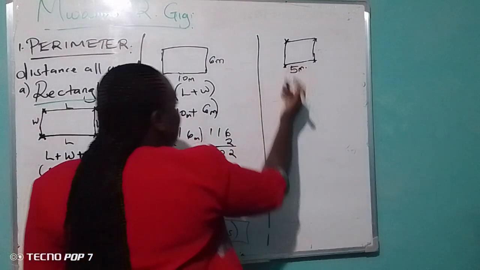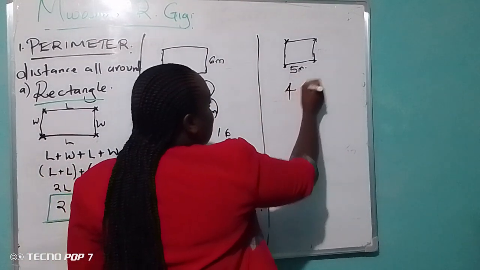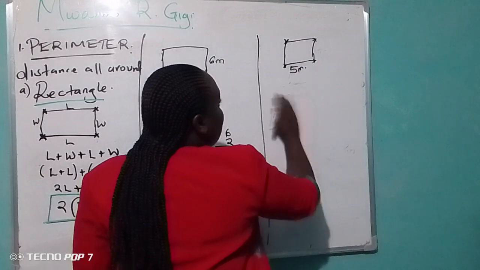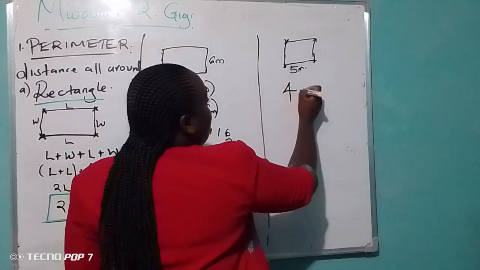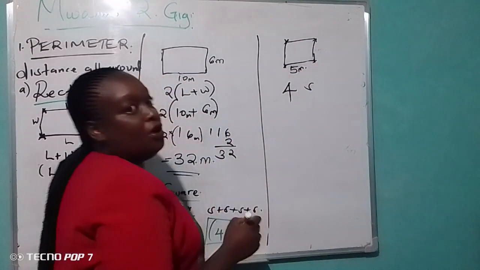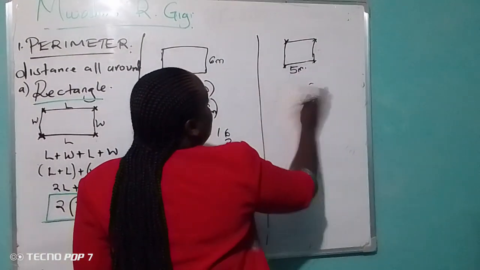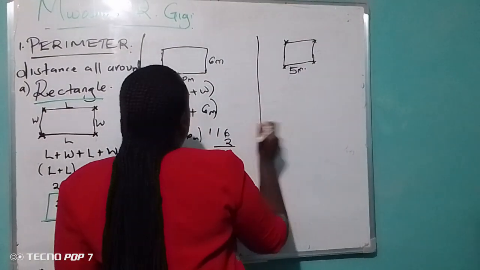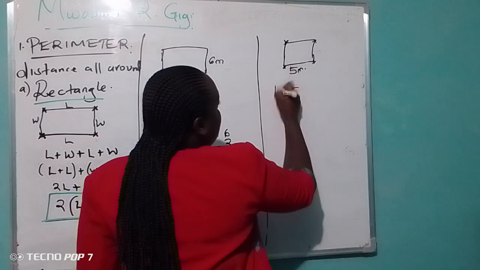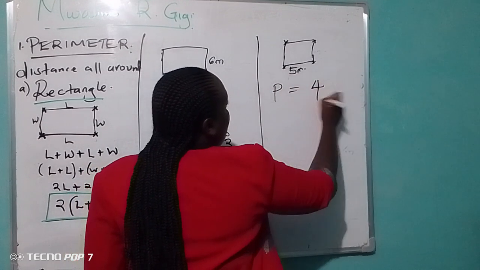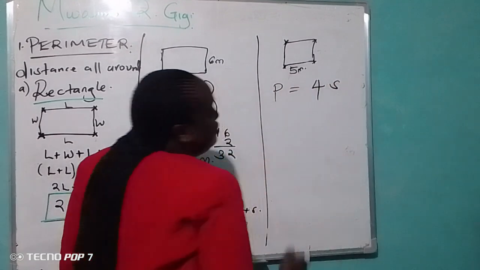So if it's 5 meters, you just say 4 times. You'll quote the formula first. Perimeter is equals to 4 sides, sindo?